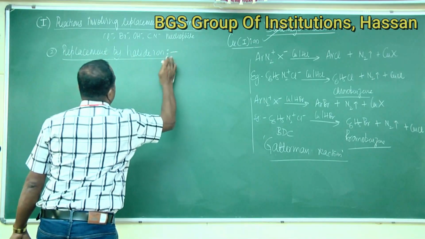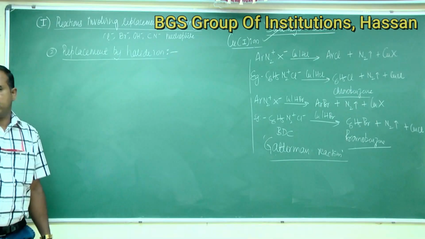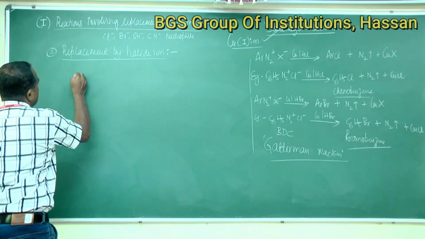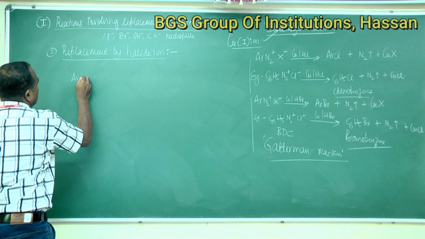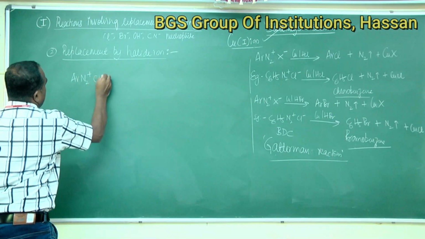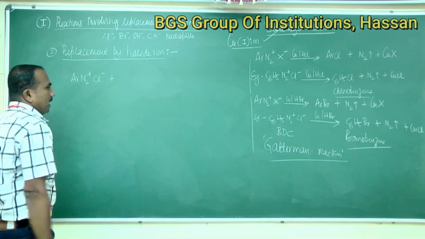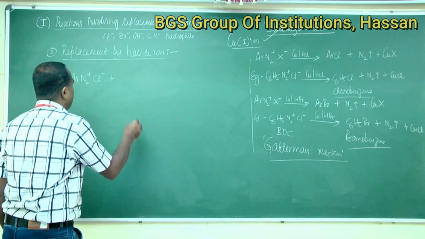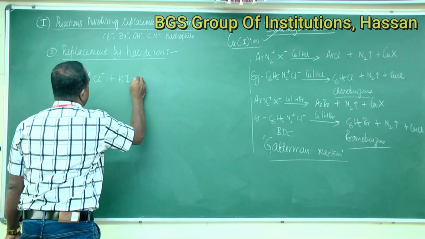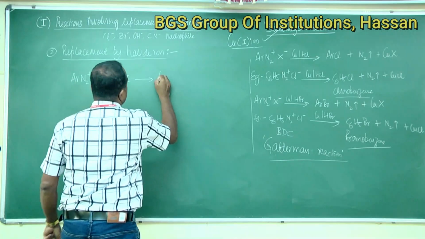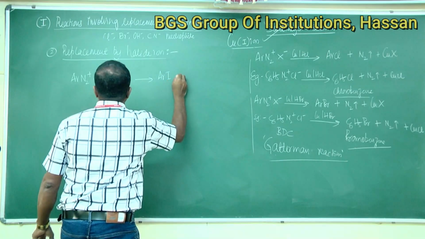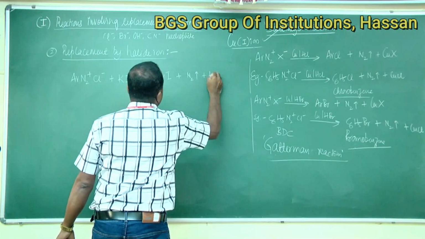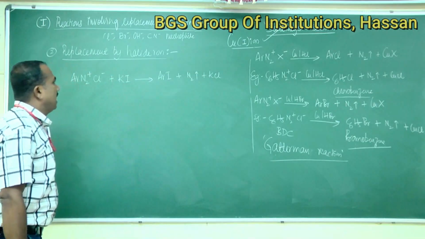Benzene diazonium chloride, aromatic diazonium chloride ArN2+Cl⁻, reacts with potassium iodide. We are going to get ArI plus N2 gas plus KCl. So this is replacement by halide ion.